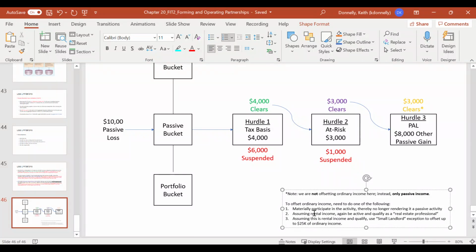But in this case, each of our passive activities were K1 flow-throughs, so it's not really going to utilize any of these, and we're truly passive. So the best we can do with this passive loss is offset our other passive income after we jump through the hoops.